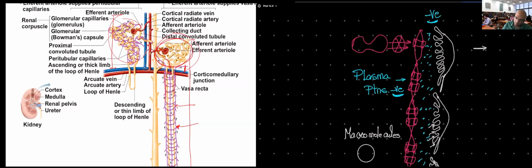This means for me that filtrate is equal to the fluid around the blood cells, which is the plasma, but without proteins. So filtrate is equal to plasma minus the plasma proteins.